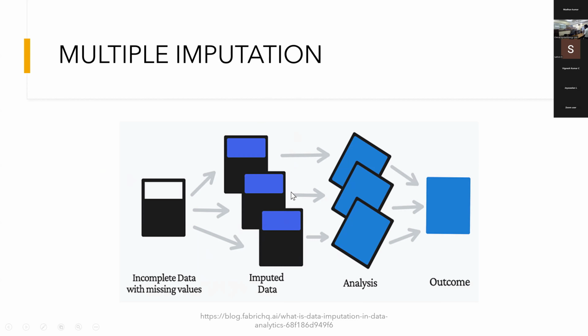Say, for example, if the outcome is diabetes, and the risk factor that we are checking is HbA1c values, the machine will generate multiple values, say, ranging from 5 to 12, and it will do a separate analysis with each of these values. The average of all these outcomes will be taken as the missing value, and that will be used in the final calculation of the cardiovascular risk.